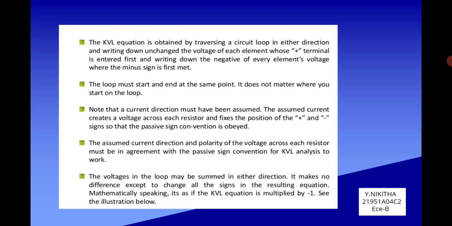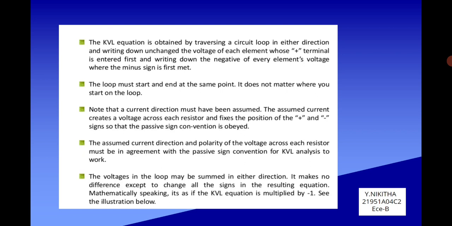Note that the current direction must have been assumed. The assumed current creates a voltage across each resistor and fixes the position of the plus and minus signs so that the passive sign convention is obeyed. The assumed current direction and polarity of the voltage across each resistor must be in agreement with the passive sign convention for KVL analysis to work.